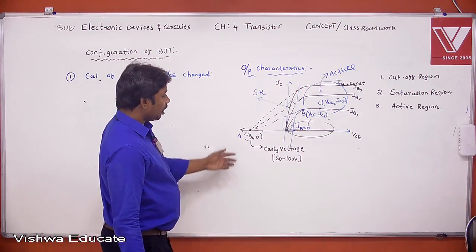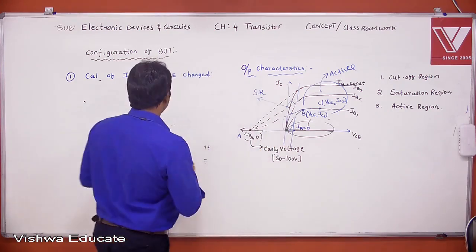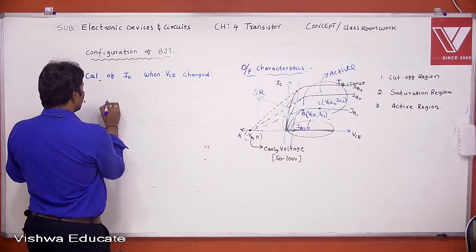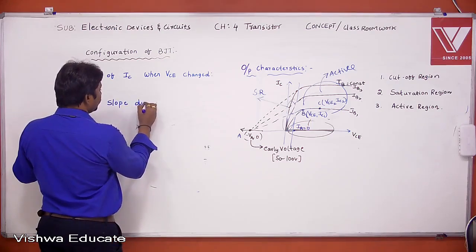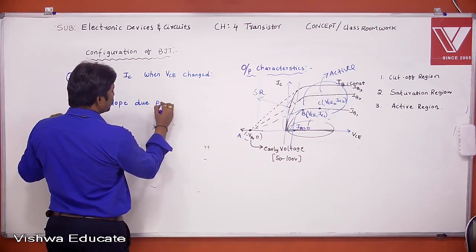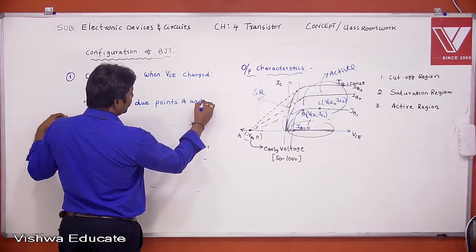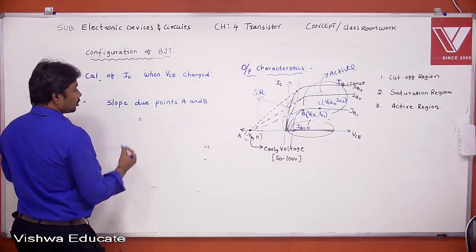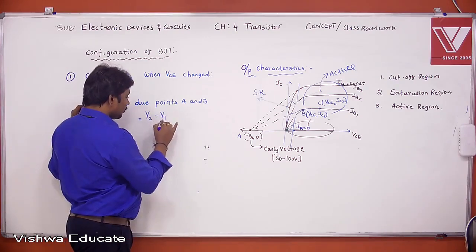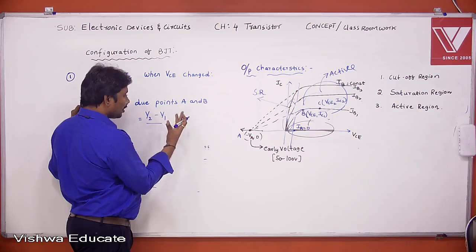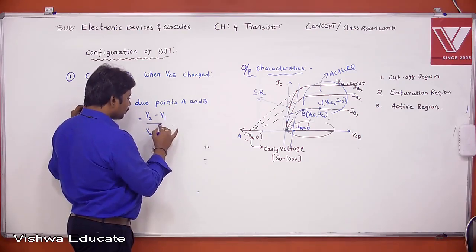Now I am calculating the slope between points A and B. What is the slope? When two points are given, the slope is y2 minus y1 by x2 minus x1, right?